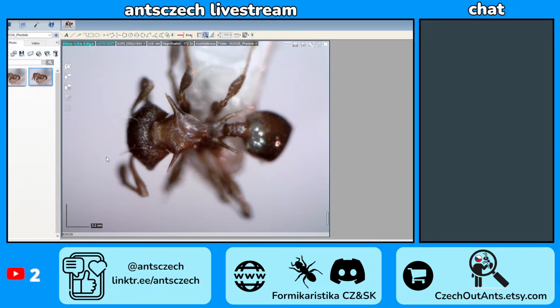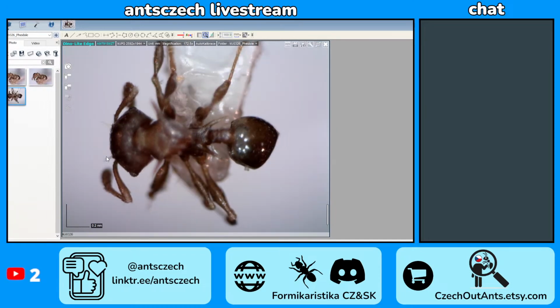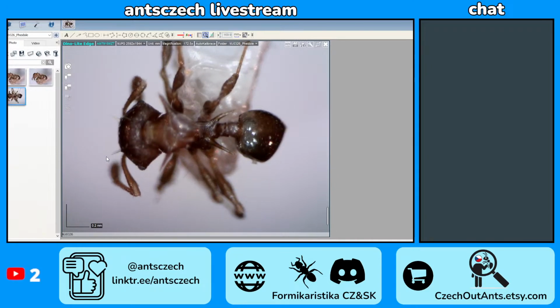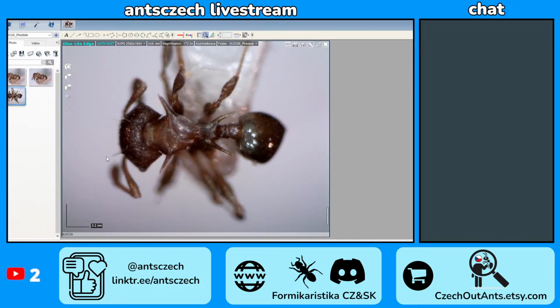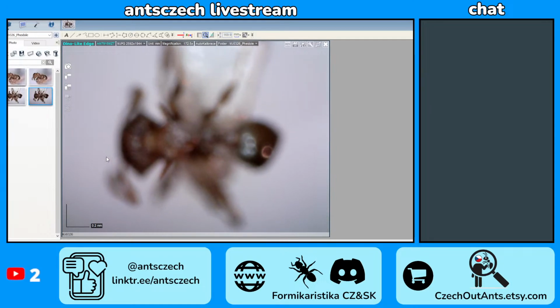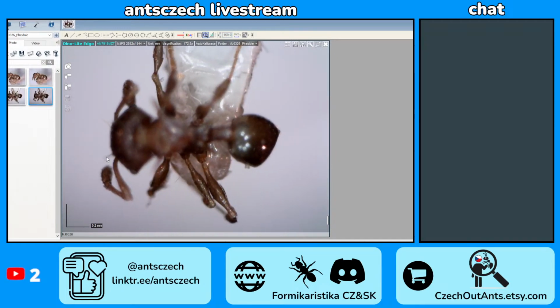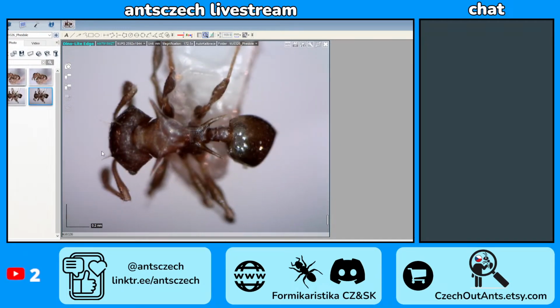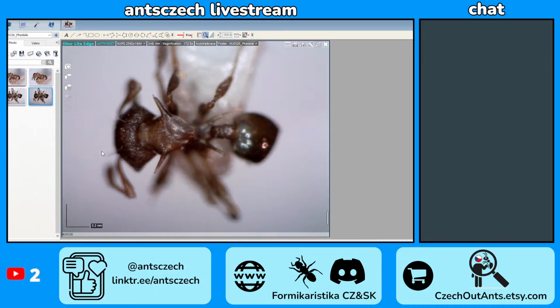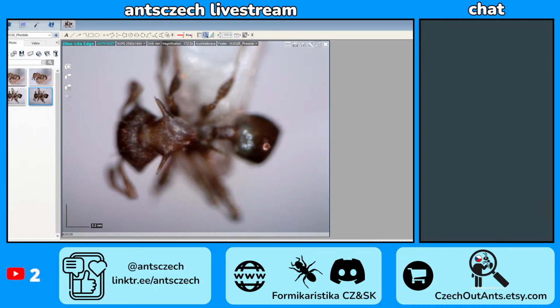You can, but the picture won't be that good. That is fine. It's a good picture. Oh, those spines are pretty cool, I have to say, on the small Pheidole. All four of them are pretty long for the size of the ant. So it is puberulus. Leptomyrmex puberulus. Yeah, yours is puberulus.